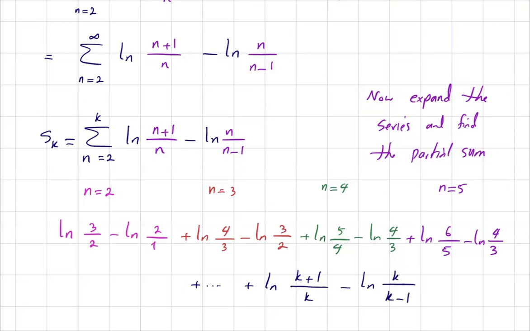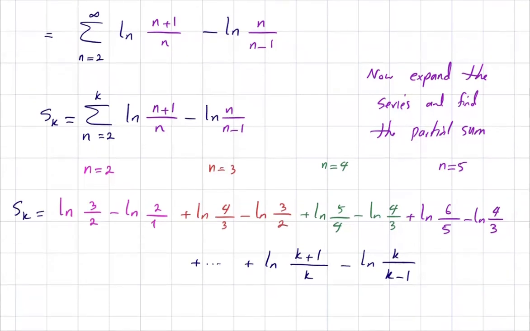If you see this, now stop and take a look at this. This is your s sub k. This is the partial sum. You can cancel out some of these terms. Which terms? Take a look. Negative ln of 3 halves, ln of 3 halves. Ln of 4 thirds, negative ln of 4 thirds.